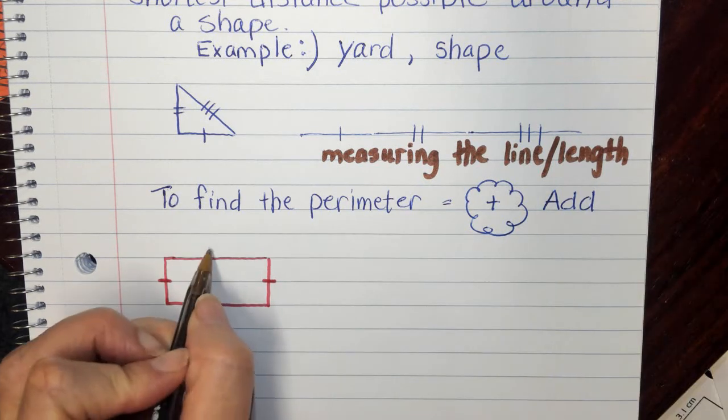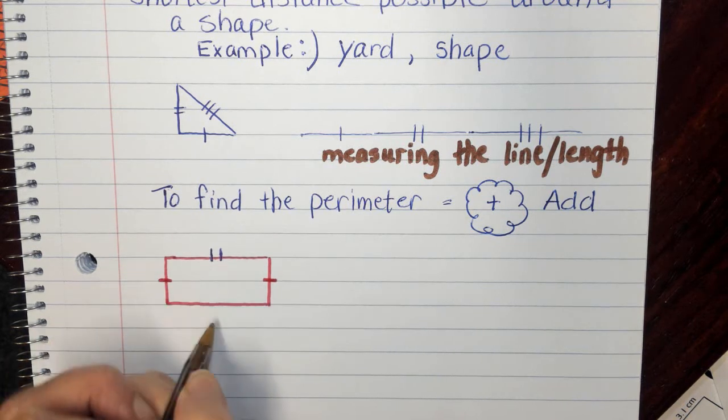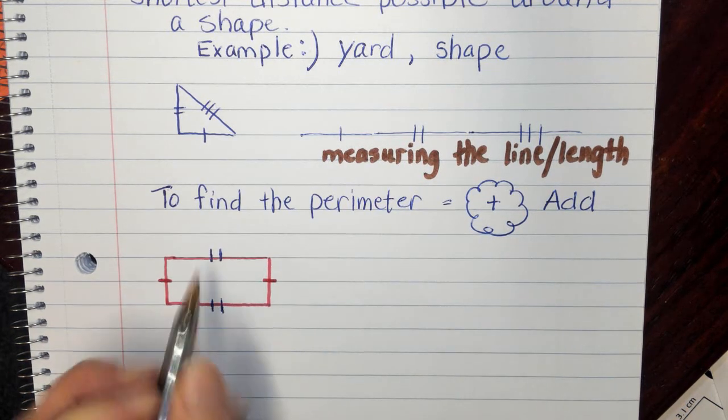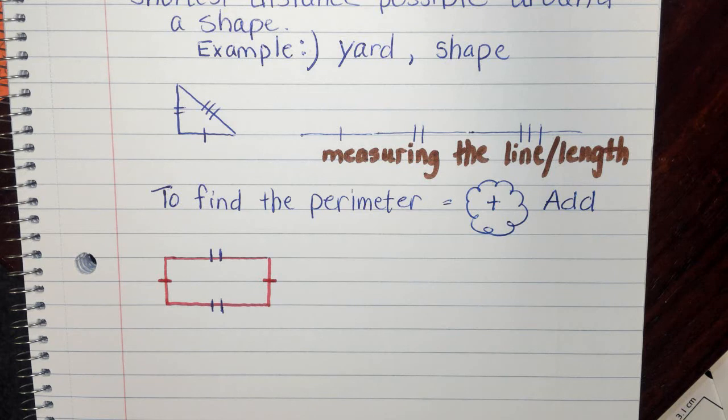And the top length is the same as the bottom length. Can anybody tell me what this polygon that I'm looking at is called? What is this polygon called, Parker? It's called a rectangle.